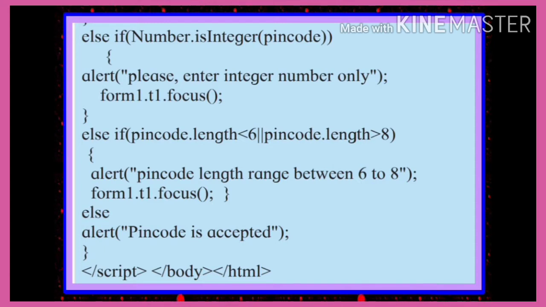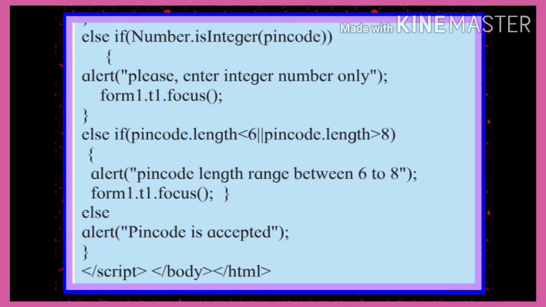In next line, write else if Number.isInteger, pass pincode variable. Then alert, please enter integer numbers only, form1.t1.focus. Here the isInteger method of Number object is used. If the pincode is not a number, it alerts the message, please enter integer number only, and focus goes to the text box t1.